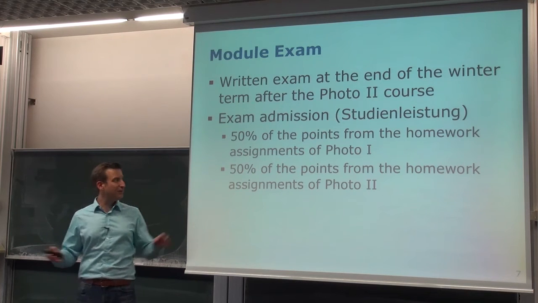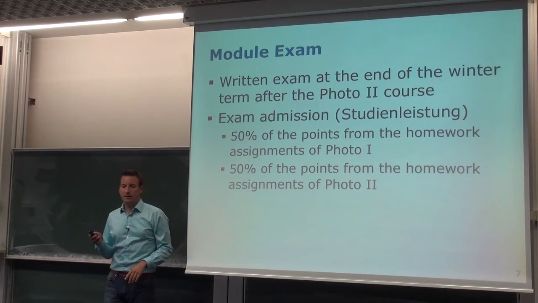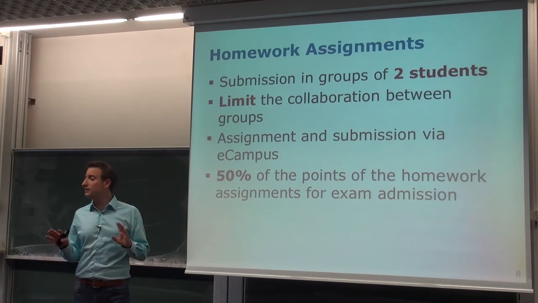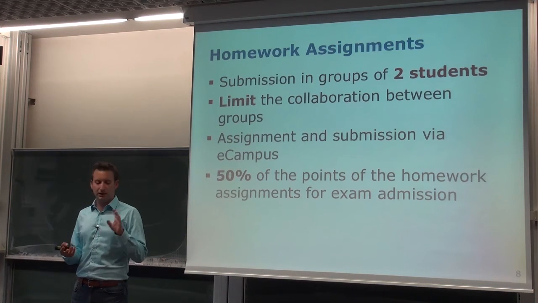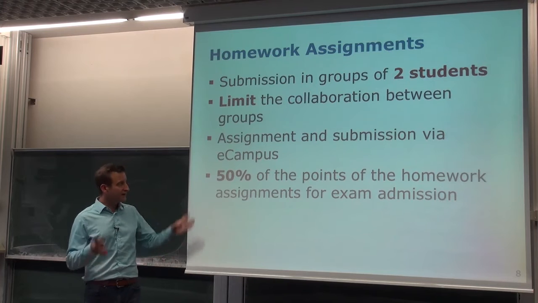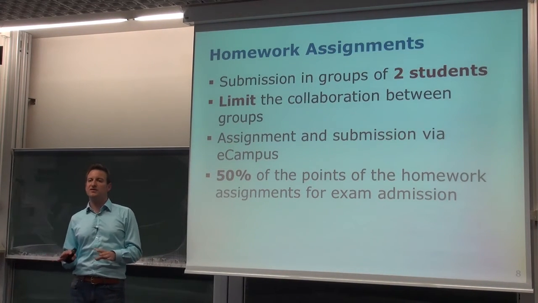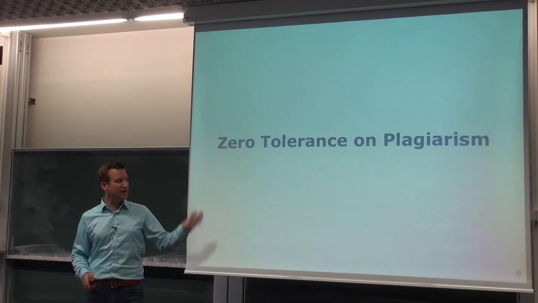They don't add up: 50% of Photo I, 50% of Photogrammetry II. Again, nothing has changed since last year. You can submit your homework assignments in groups of 2 people. Again, limit the collaboration between groups. This was not an issue last semester, so I don't expect any further issues. Just want to have that mentioned.